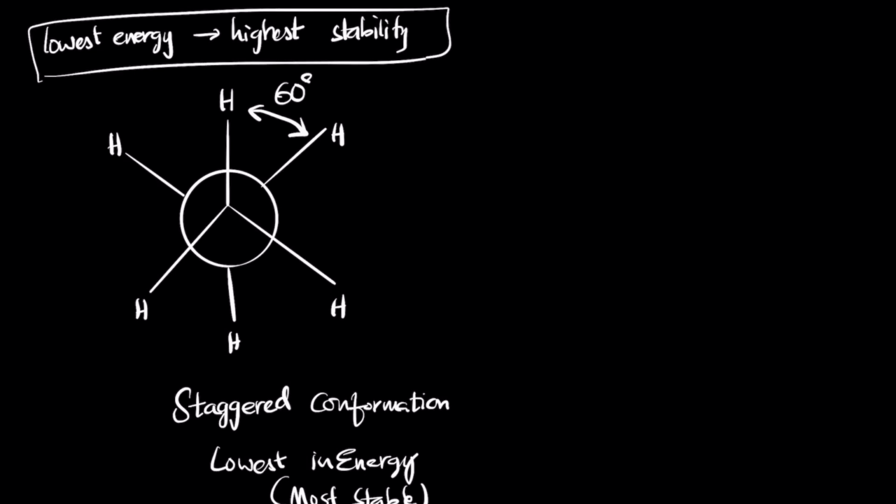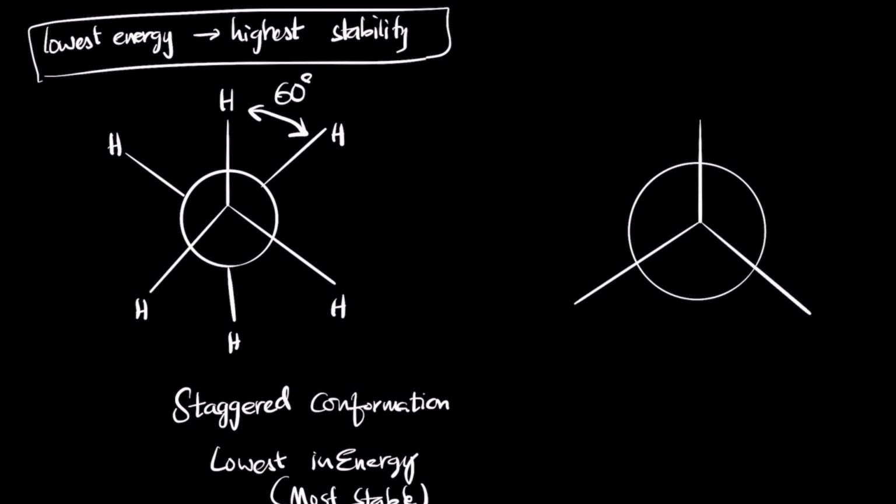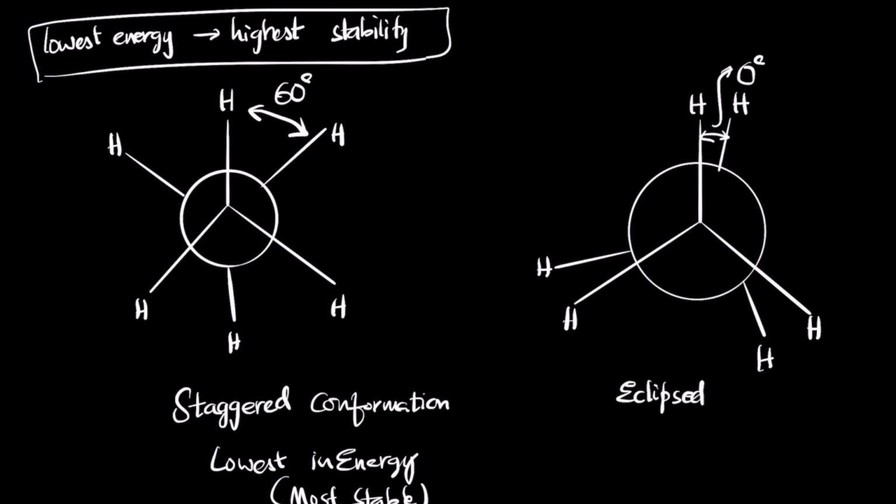There is another conformation for ethane, where both the front and back structures look exactly similar and the angle between them is 0 degrees. The dihedral angle is 0 degrees. This configuration is called an eclipsed configuration.